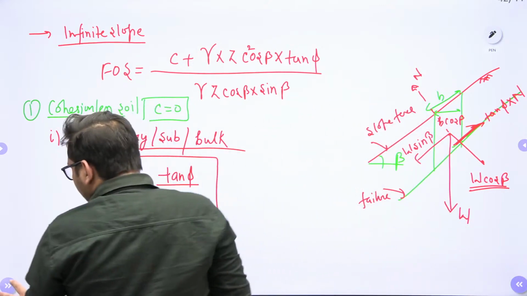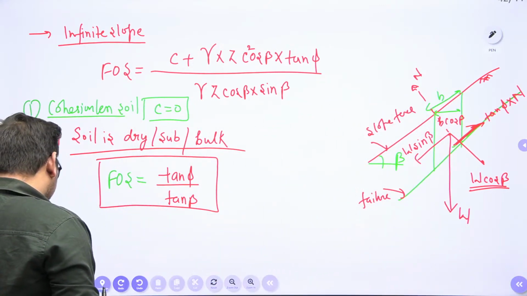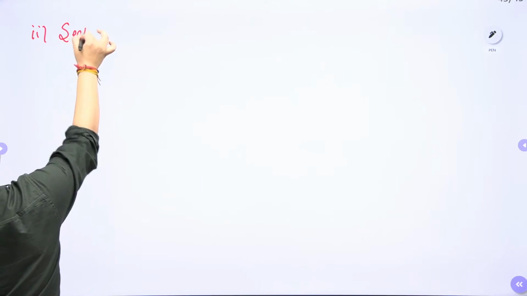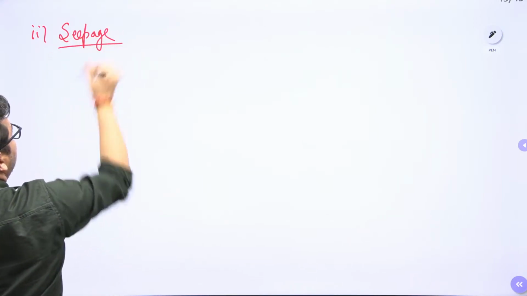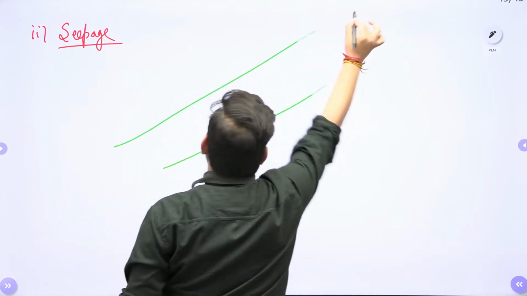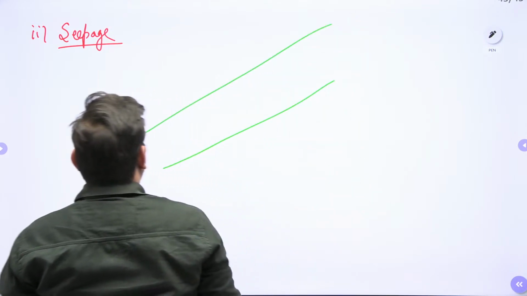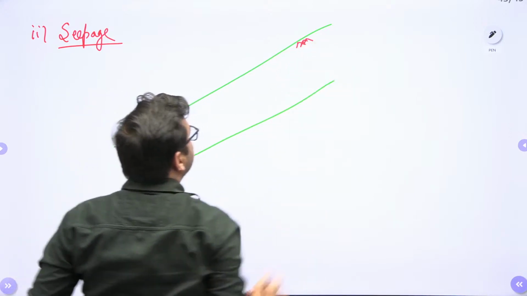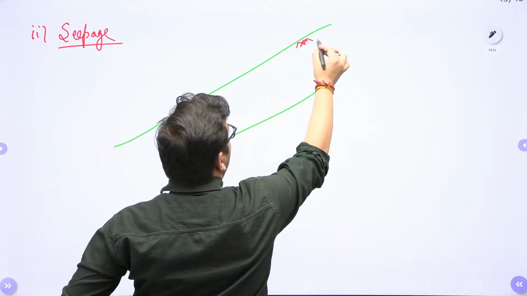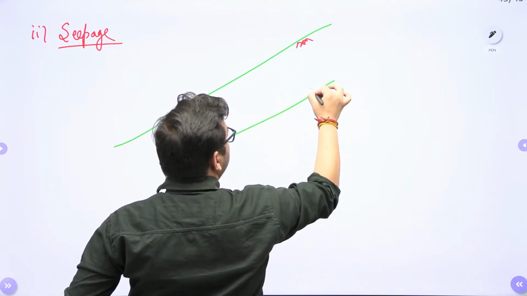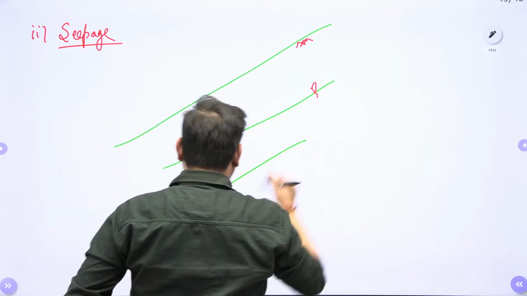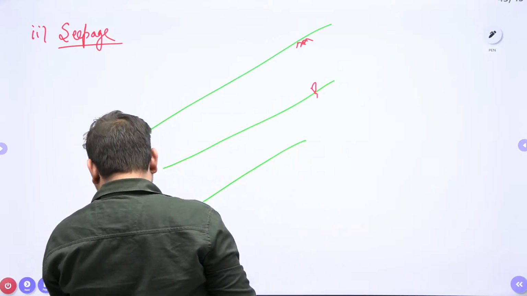Second case is the case of seepage. When there is seepage, let's suppose this is your soil, this is your face of the slope, this is the ground level, this is the water table, and this is your failure plane.